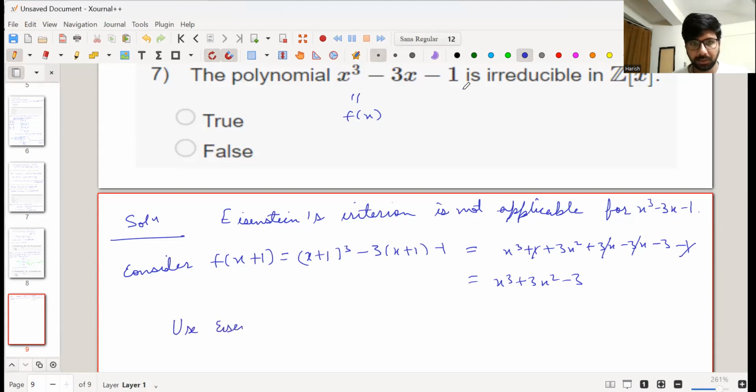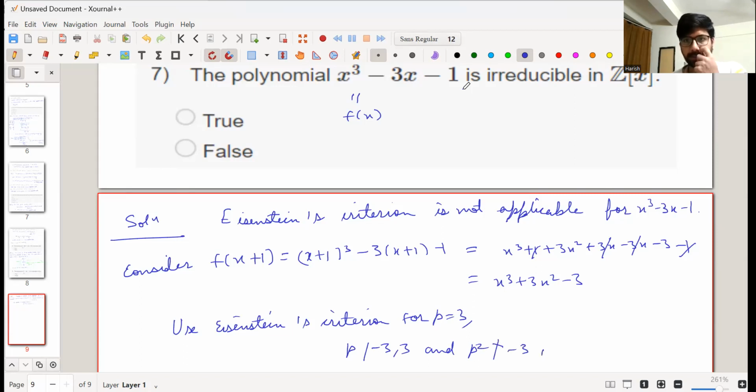Yes, you're right. So now we can use Eisenstein criteria for p equal to 3. Of course 3 divides minus 3 and 3, p square does not divide minus 3, and p square is also not dividing 1.